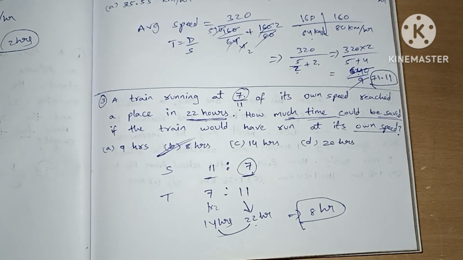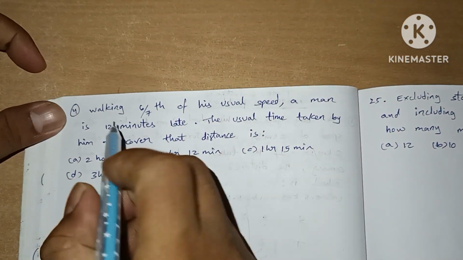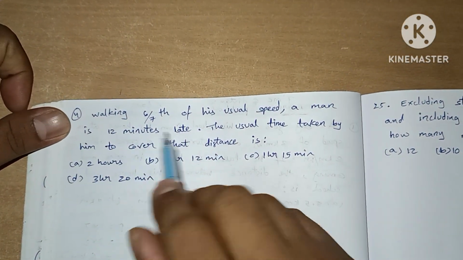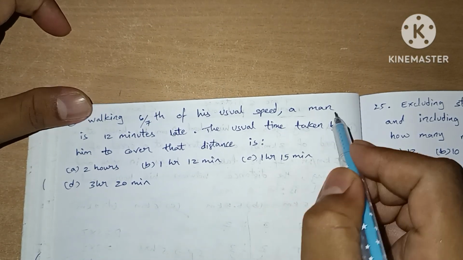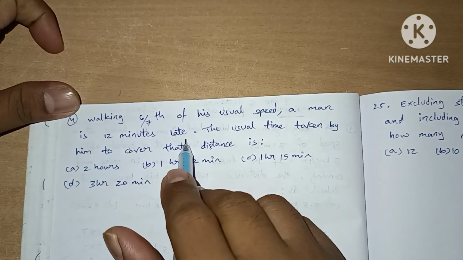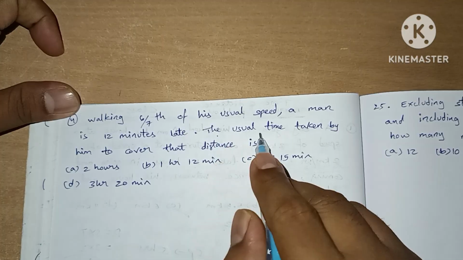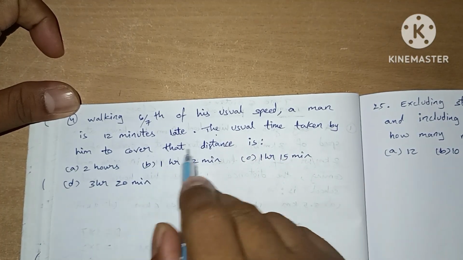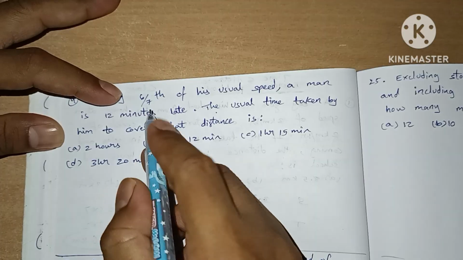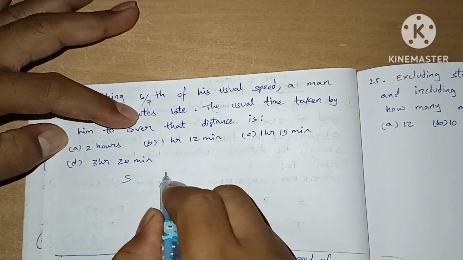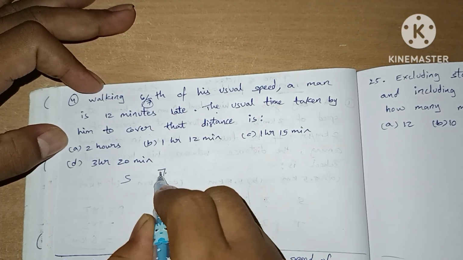Now we are going to see question number 4. Walking at 6 by 7th of his usual speed, a man is 12 minutes late. Then the usual time taken by him to cover the distance is. So the initial speed is 7 units.